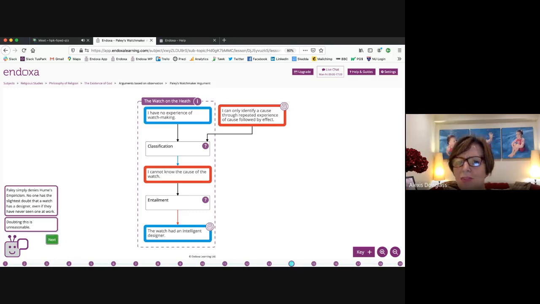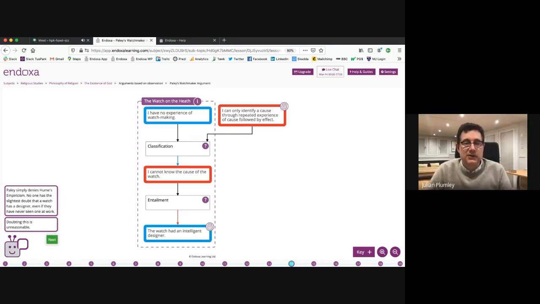And the truth value is whether you think it's true or not with your supporting reasons. Yes, the truth value is personal. So the principle that the argument graph works on is that the structure is objective, it's public. So we all agree pretty much on what steps of logic make sense, but we evaluate them differently.